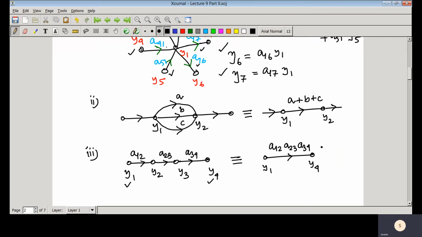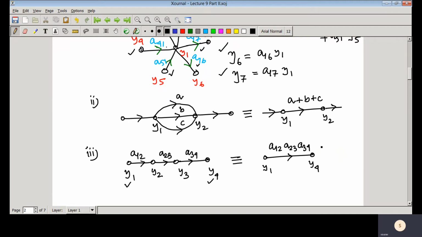So these are actually the signal flow graph algebra. Whenever you will be solving some problem, or if you want to find that transfer function from signal flow graph, we'll be using these algebras to simplify that signal flow graph.